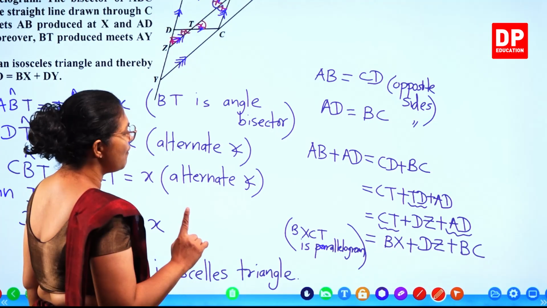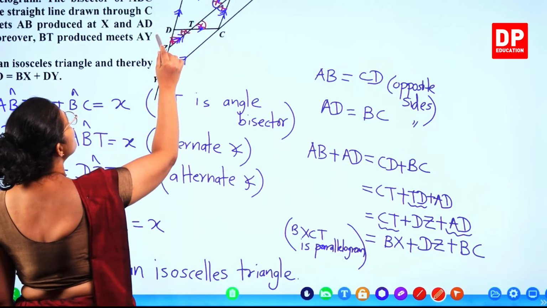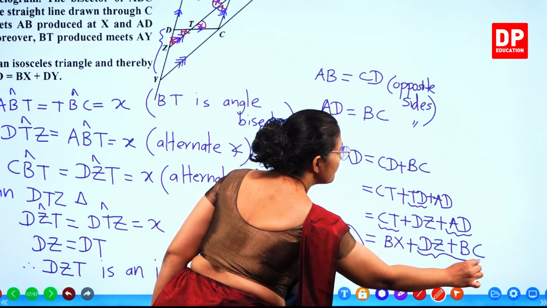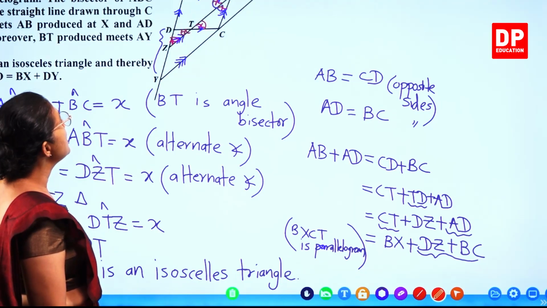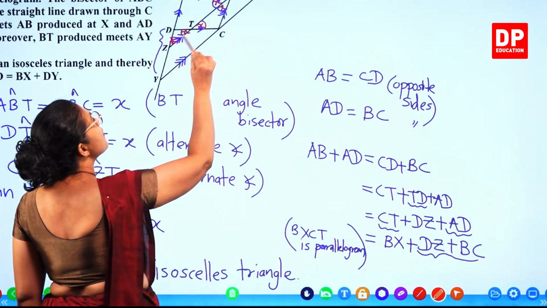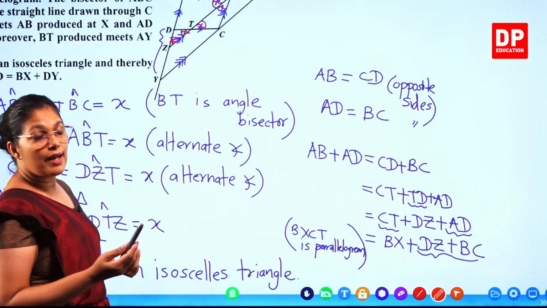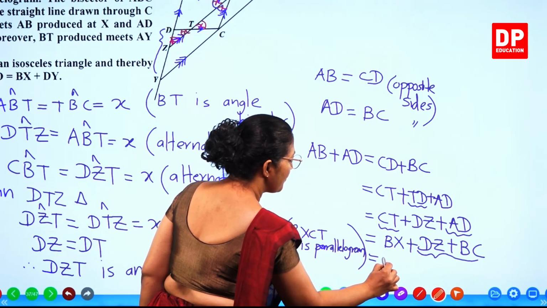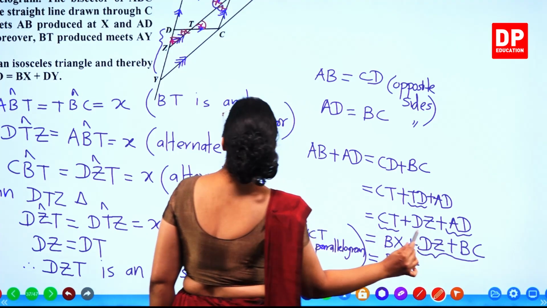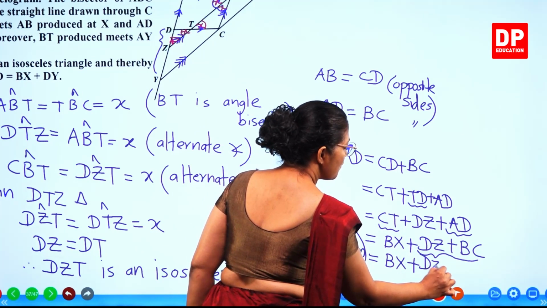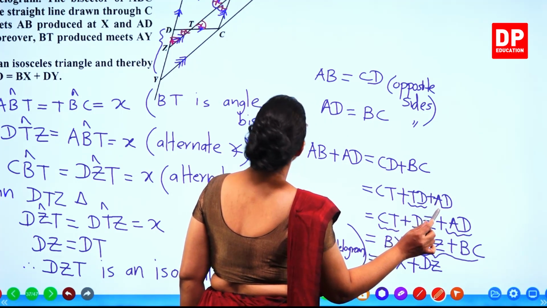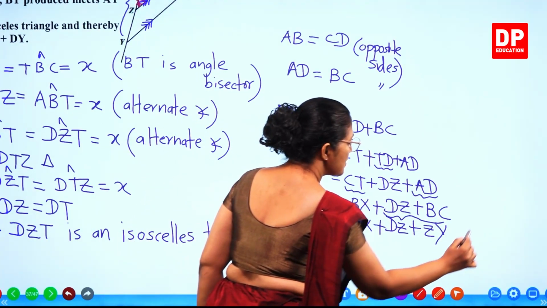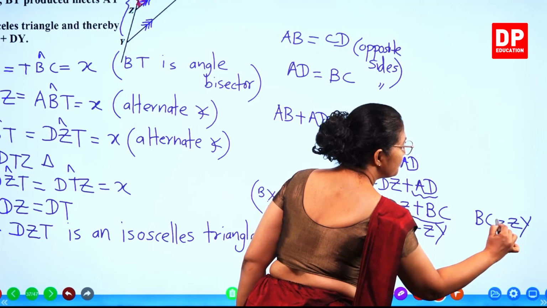Now we need to show that BX and DY. How do we get DY? We need to show this distance is from these two, DZ plus BC. Now we know this is also a parallelogram. BCYZ is a parallelogram. Opposite sides are equal. Instead of BC, I can write ZY. We'll keep DZ as it is and you don't have to combine. Instead of BC, I can write ZY. What's the reason?